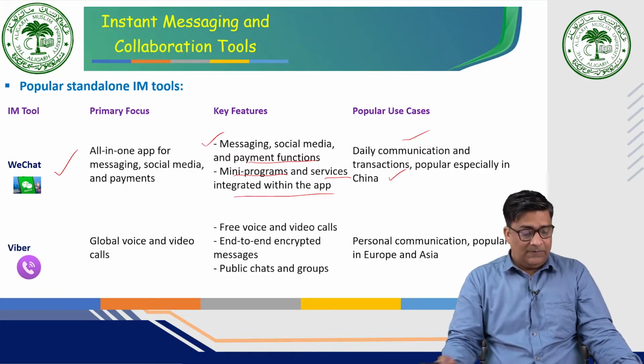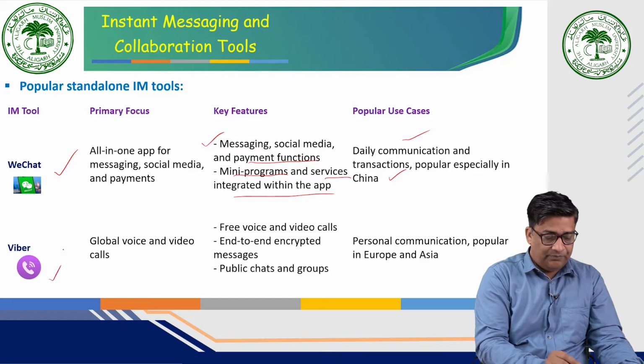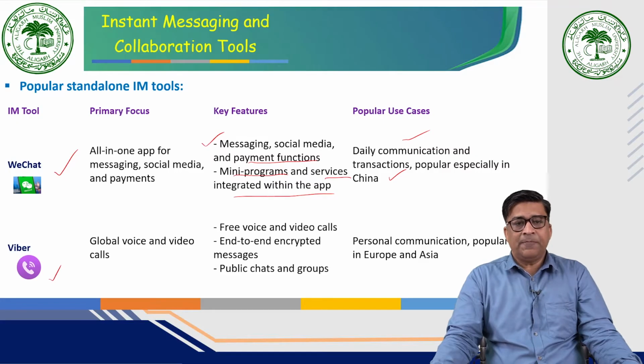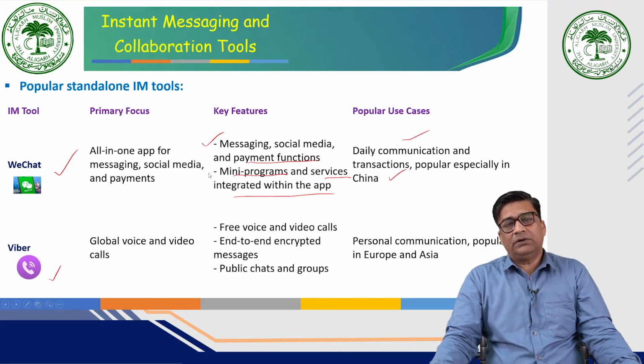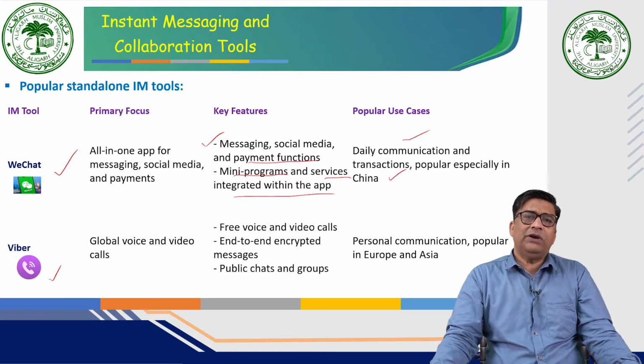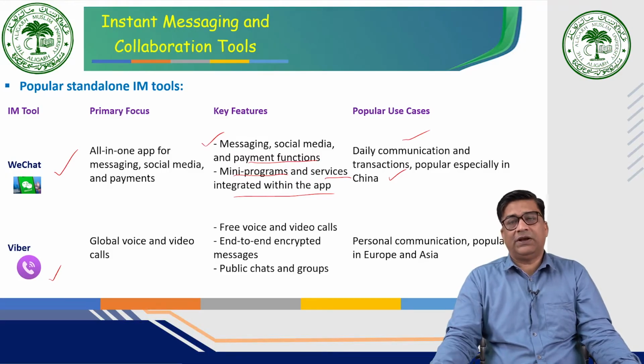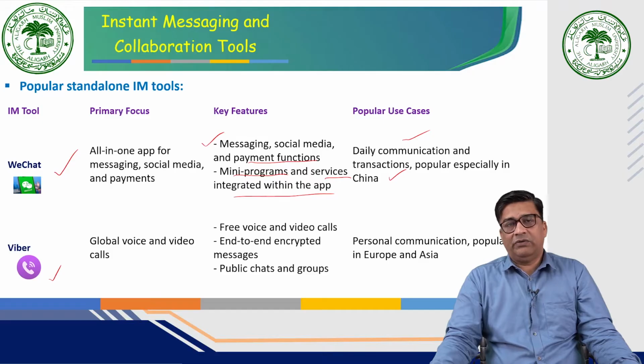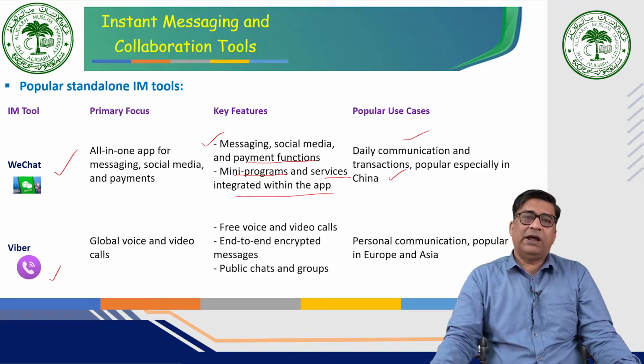The next example is Viber. Again, Viber is another very popular tool for instant messaging. Viber supports free voice and video calls and group chats, and it helps to communicate between groups and individuals in a more efficient and reliable way.